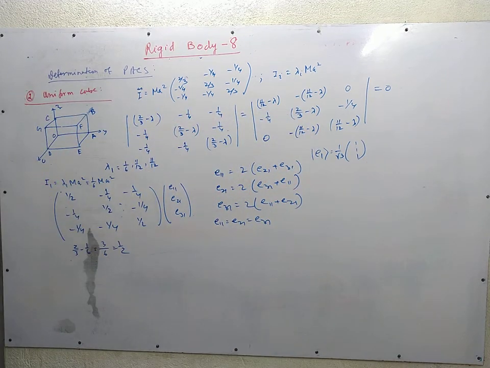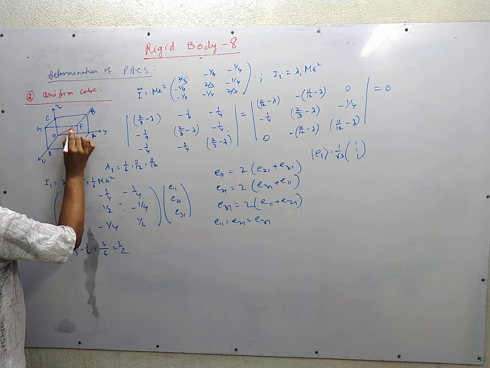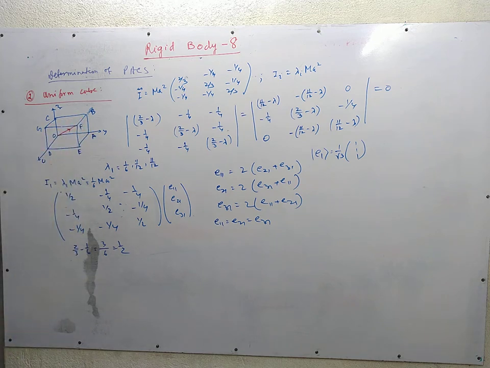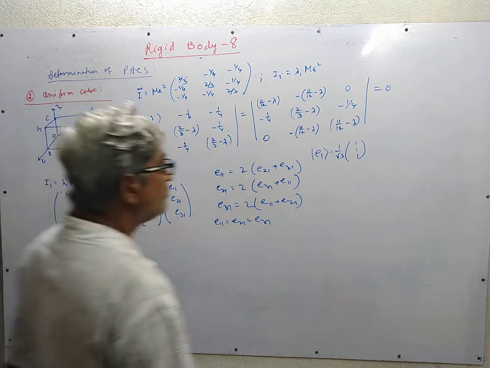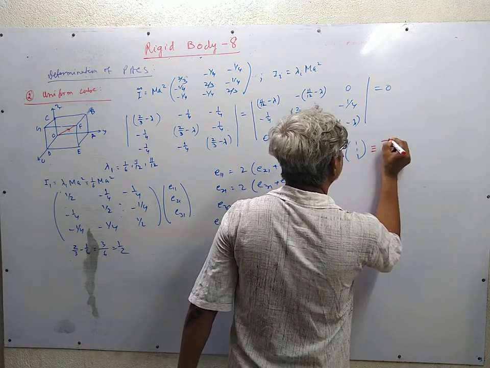This is the eigenvector. So this actually represents this direction, the body diagonal direction OF. This is the direction of OF, the body diagonal.